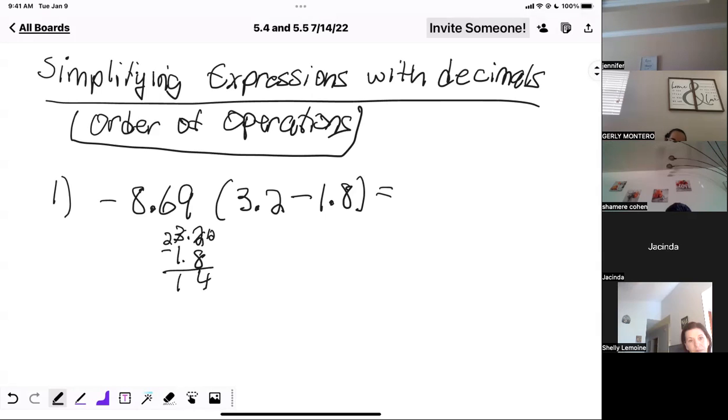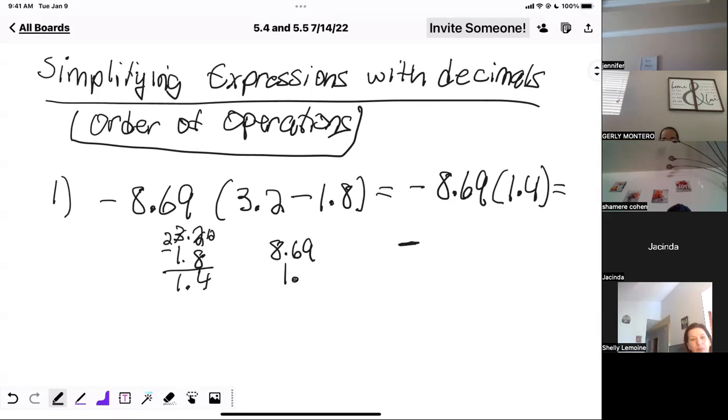And I get 1.4. So then really my problem is negative 8.69 times 1.4. So now we're back to multiplying our decimals. So I know the answer is going to be negative. I'm going to put a negative to remind me. I'm not going to put the negative in my problem. And I'm going to go 8.69 times 1.4.